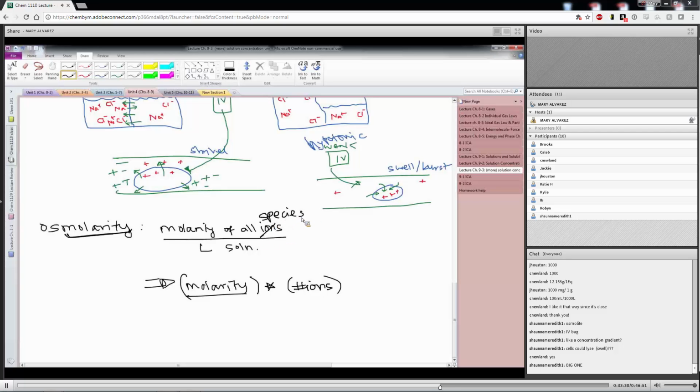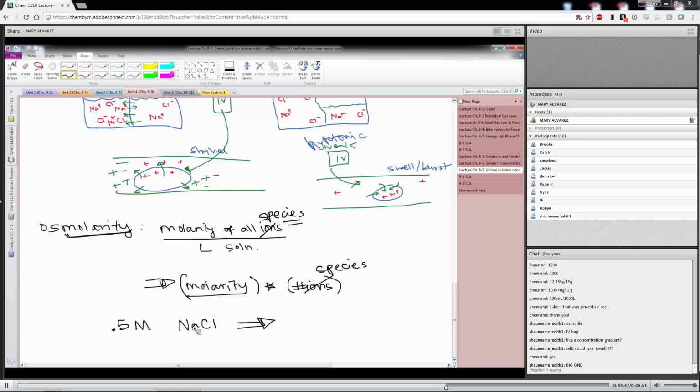But we have to remember that ionic compounds dissociate, so they're going to form individual ions, so they're going to form multiple species. All right, I'm going to say species. So for instance, if I had a 0.5 molar solution of sodium chloride, how many species are going to be dissolved in my solution?